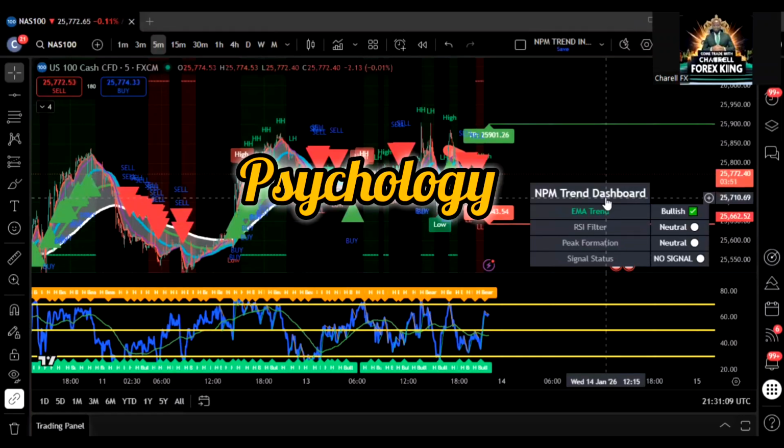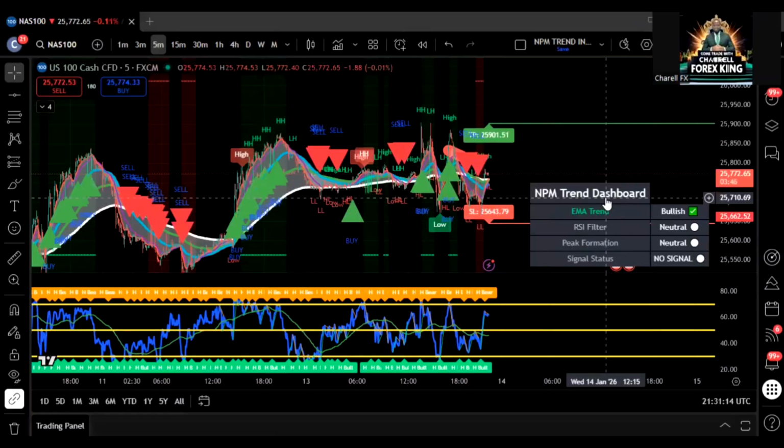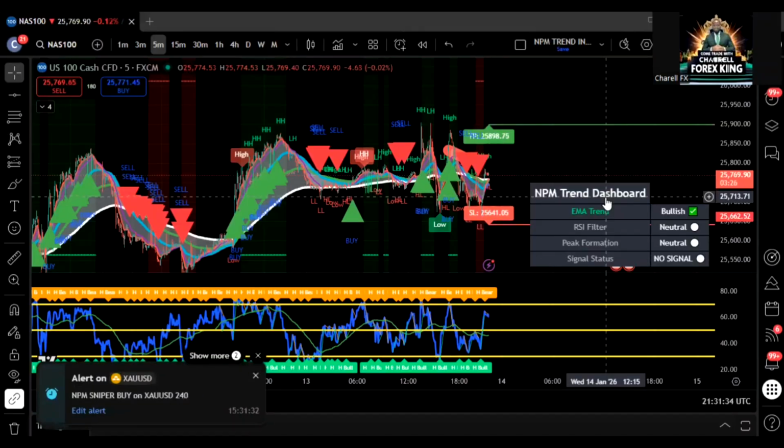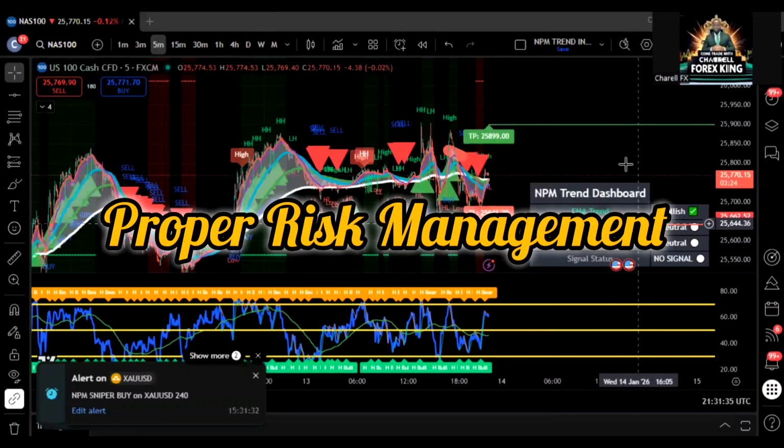Also, psychology is very important. Your mind has to be right when it comes to this. So you have to get your psychology right. You have to have a positive mindset. You can't get upset and throw stuff and break stuff when you take a loss. Losses are a part of trading. You also need to use proper risk management.